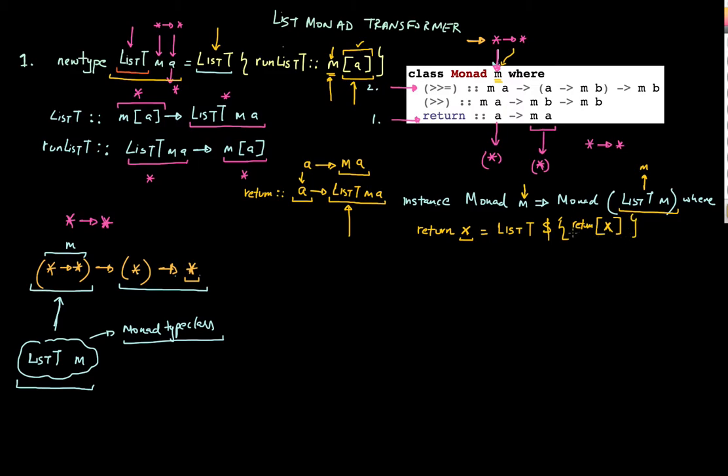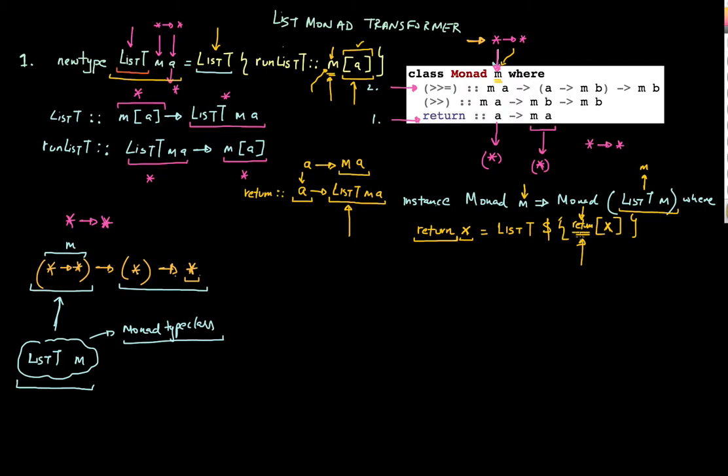And remember, this return that I'm invoking at this point has nothing to do with the return that I'm implementing. This return is the implementation of return in whatever monad m is.